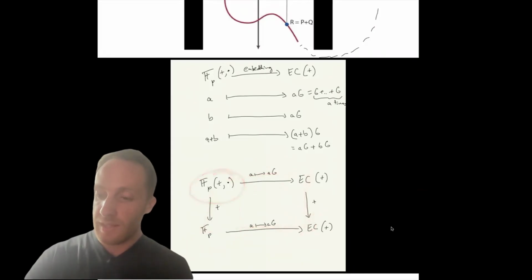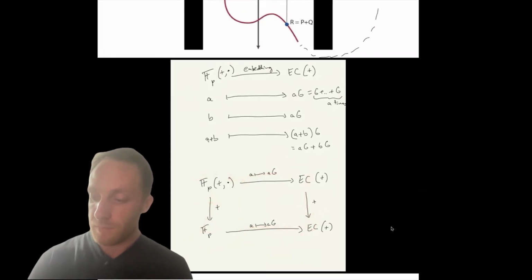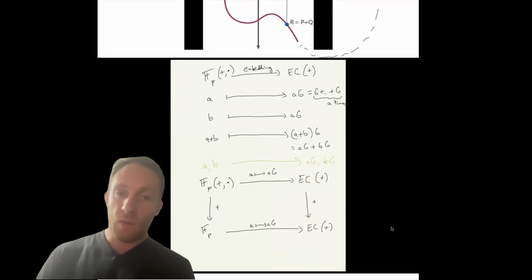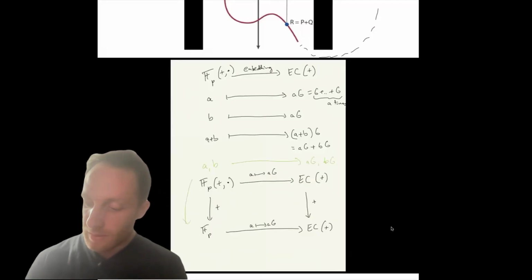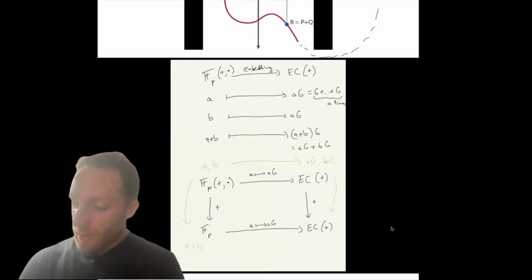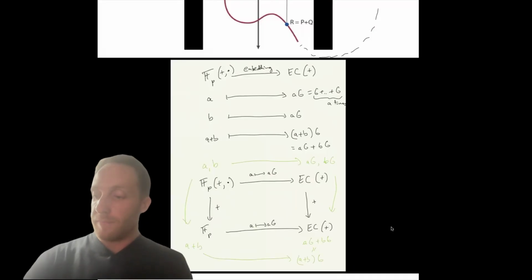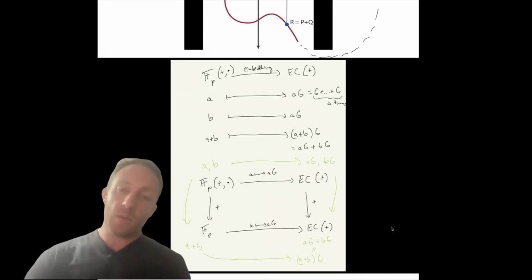If I start here with any two elements, A and B, I can push them as AG and BG, or I can push them down as A plus B. Either route: here I will get AG plus BG, or if I go this way, I get (A plus B) times G, and these are equal, right? So this is what this means, and this is quite nice.